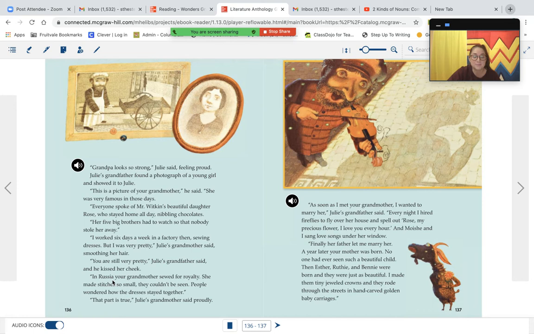Another thing to prove their sacrifice, so things they gave up to come to America, was the grandmother sewed for royalty, which is like, I guess in America, her sewing for the President of the United States and the First Lady, who is the wife of the president. So that is a big deal. And she left that. They left that to come to America. So even with that job, Russia still was not good for them.